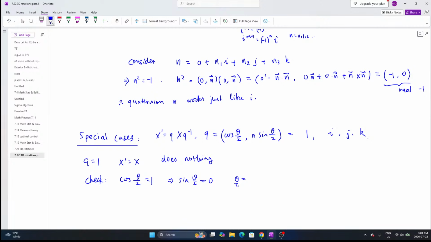Of course this is multiple valued, so let's say it is a multiple of 2 pi k, so it does nothing.